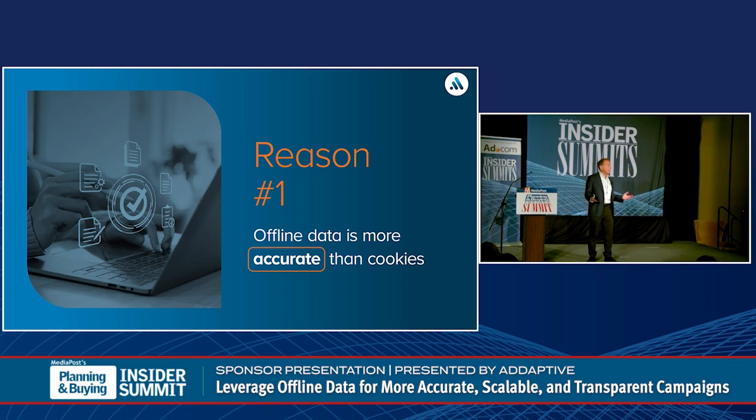This offline data is more accurate than cookies. When you think about it, cookies are nothing more than a machine that is trying to guess things about you, like your age, your gender, your income, your job, simply based on your browsing behavior. And in many cases, the machine is going to guess wrong.